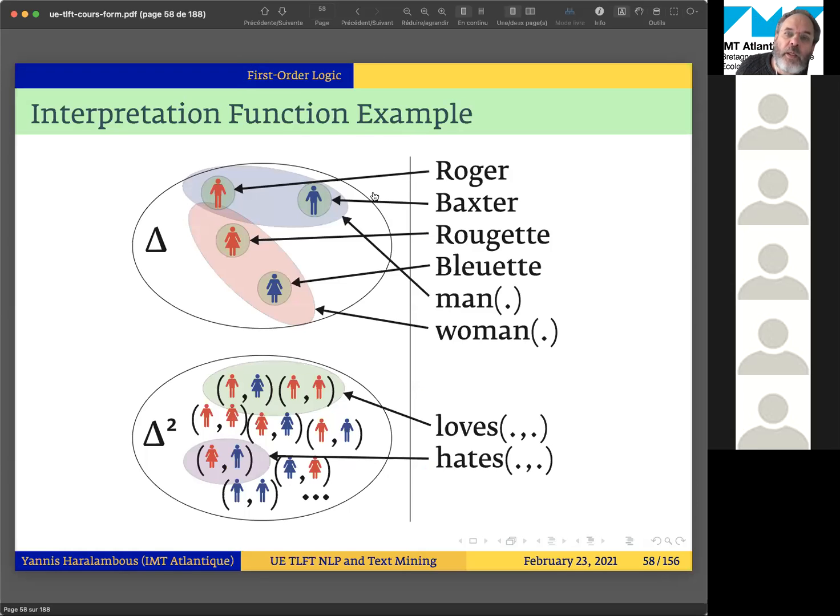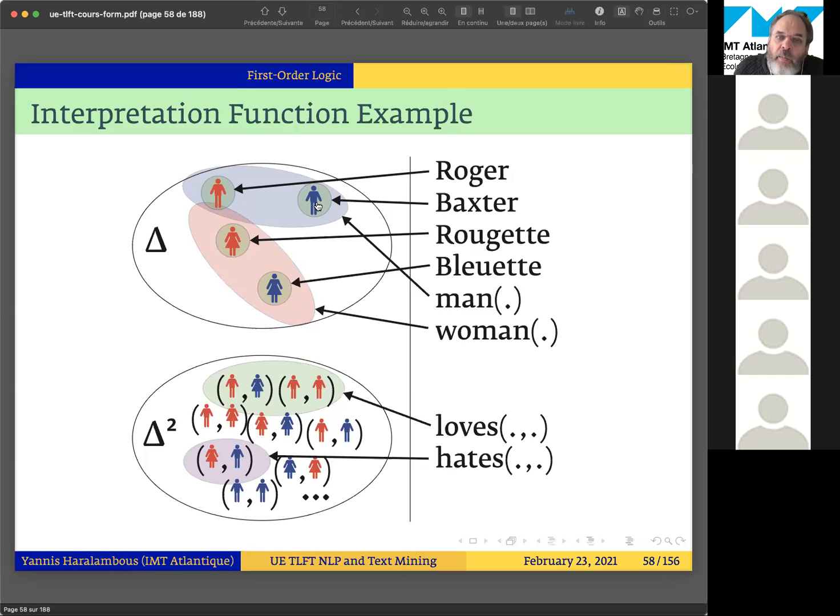So I'm using a potato for the domain. I put the 4 known elements of this domain into this potato. And these are men, these are women.